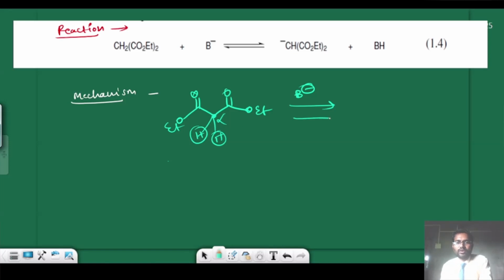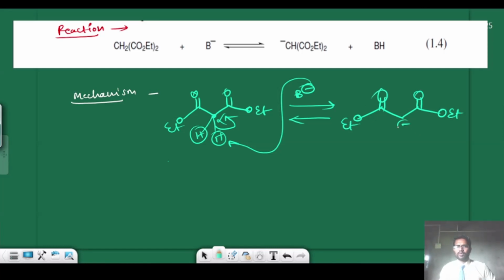So the base will simply take the proton, and there is a formation of an anion system over here, like this: OEt, C double bond O, OEt. This anion is much more stable, that is why this reaction happens, and BH is formed.